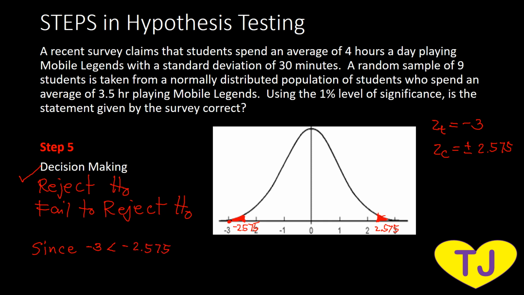Now, take note, I'm using only one of the critical values there because that is where we reject our null hypothesis. I'm not using the positive 2.575 because we're not touching that rejection region. So since negative 3 is less than negative 2.575, then reject H0. So that is our decision.